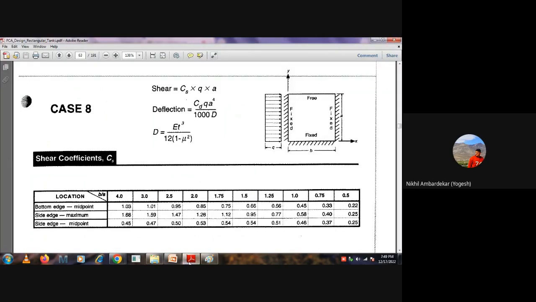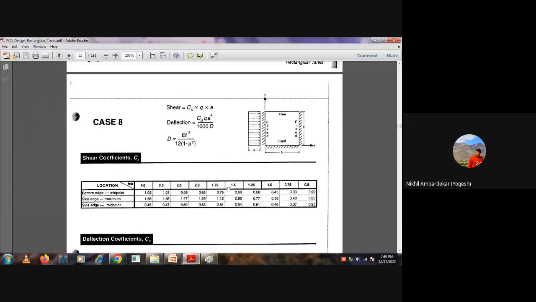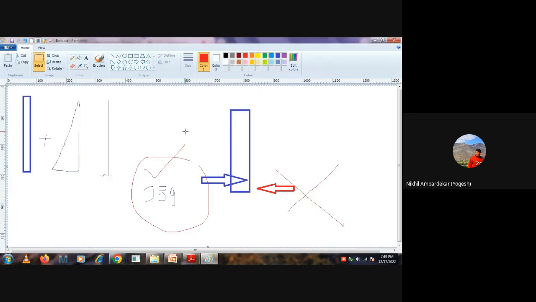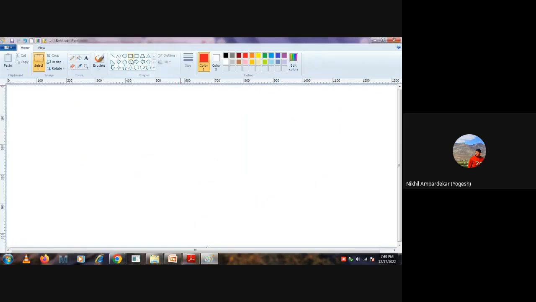So this way, currently we have done analysis of only one wall panel. This is my plan.